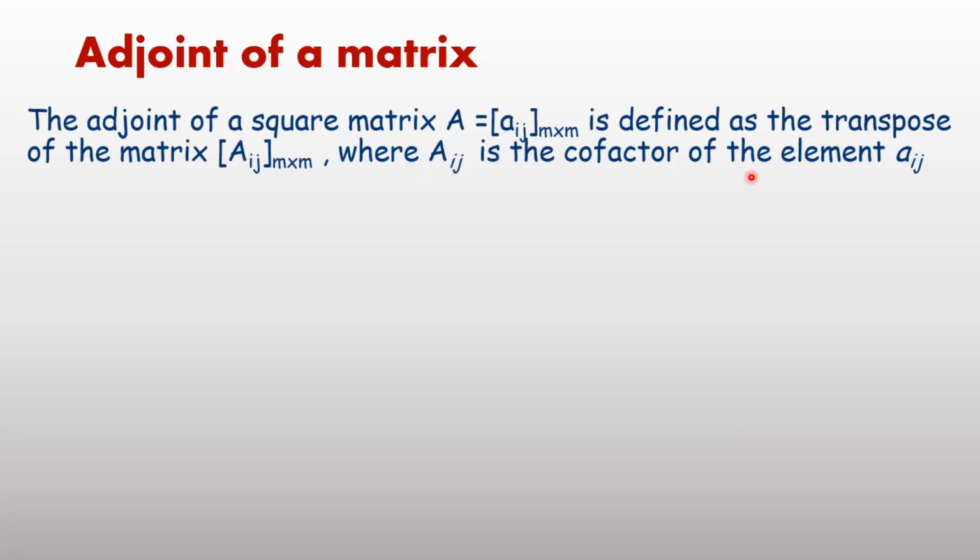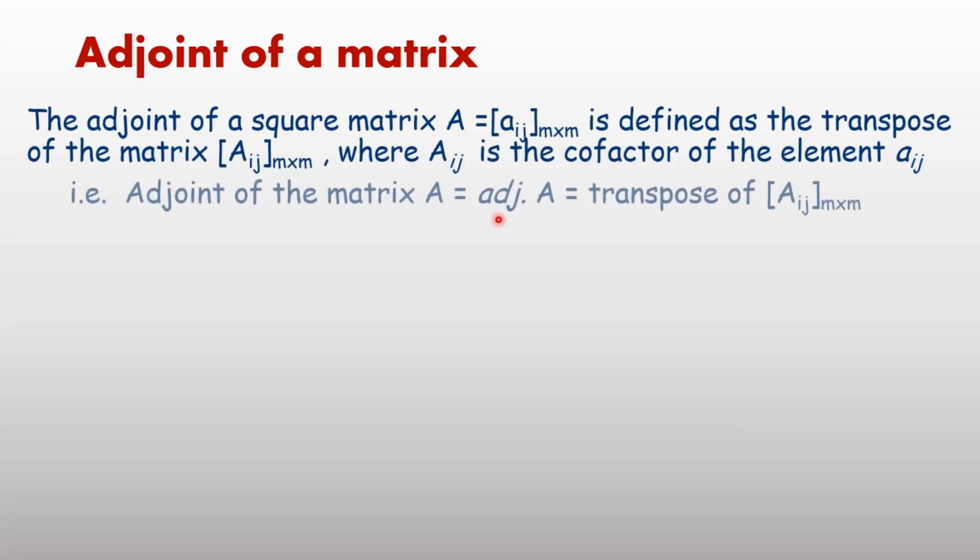Here Aij is the cofactor of element aij, means the adjoint of matrix A, which we can write as adj A, equals the transpose of the matrix formed by cofactors of all the elements of the given matrix.